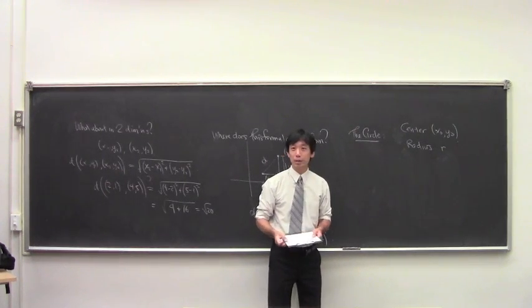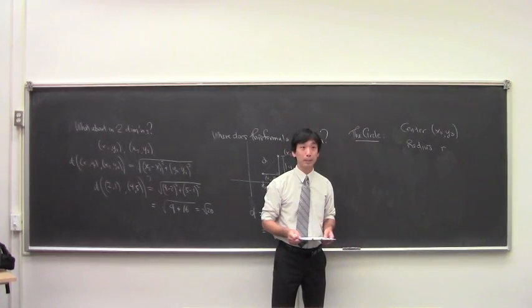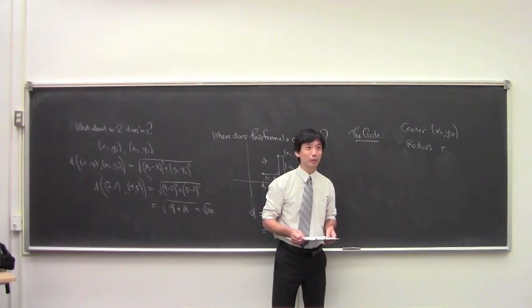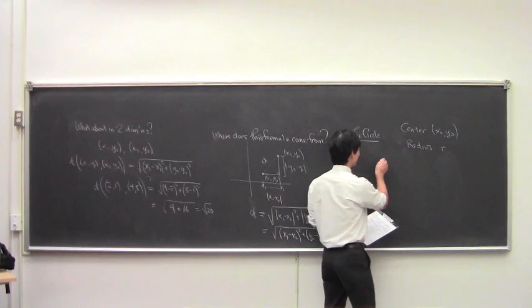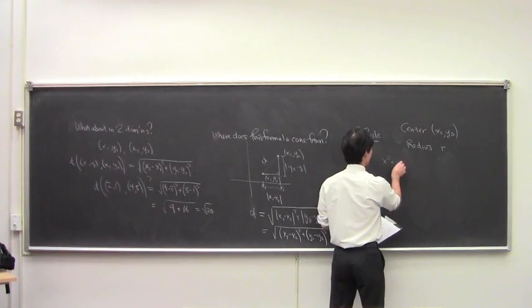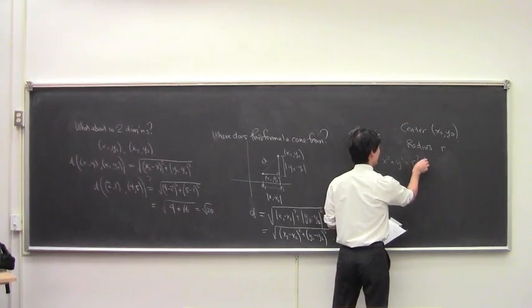What's the equation for that circle? So, as I remember it, it is x squared plus y squared is equal to r squared.